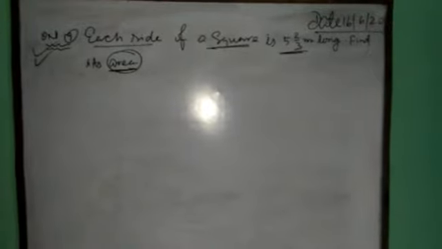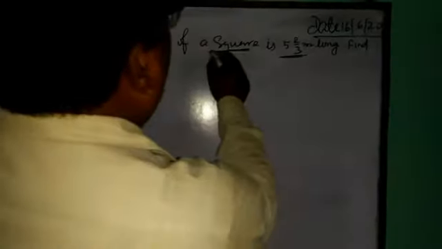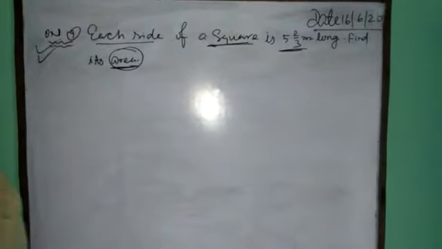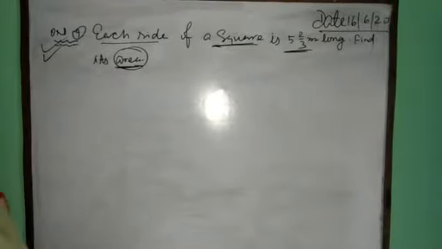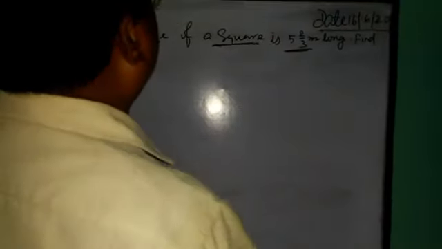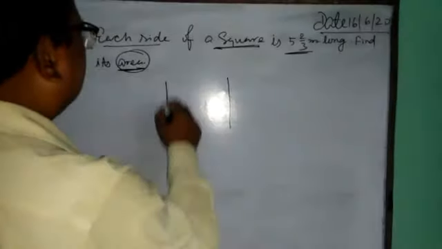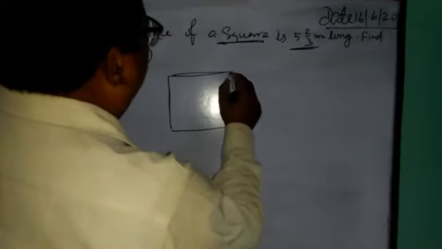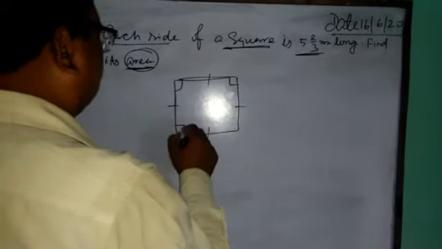A square, you know the definition: all sides have the same length with angles of 90 degrees each. First you construct a figure of a square in which all four sides have the same length and each angle measured is a right angle.